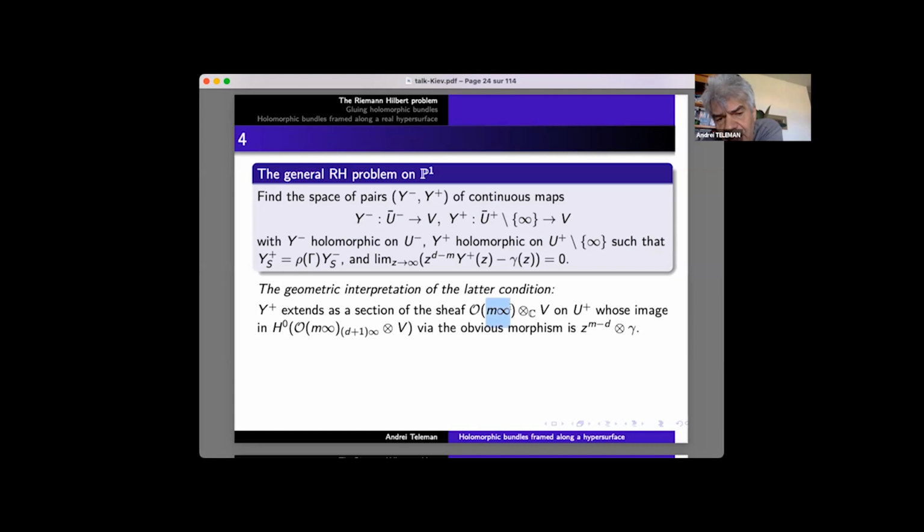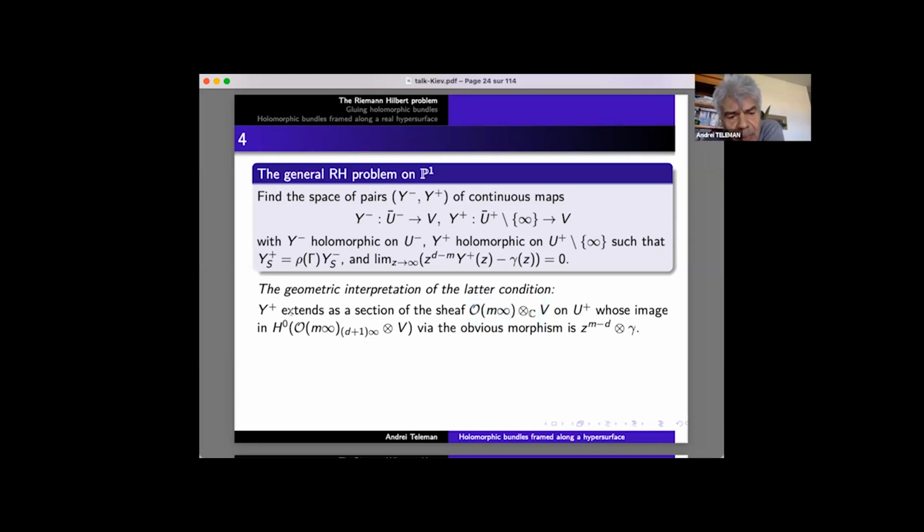I multiply it with m, and I obtain a non-reduced divisor on P1, and this is the invertible sheaf associated to this effective divisor. The free sheaf of fiber V is twisted with this invertible sheaf.